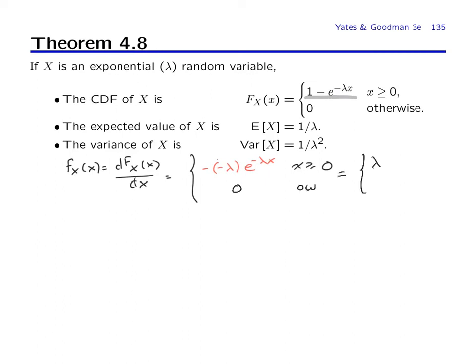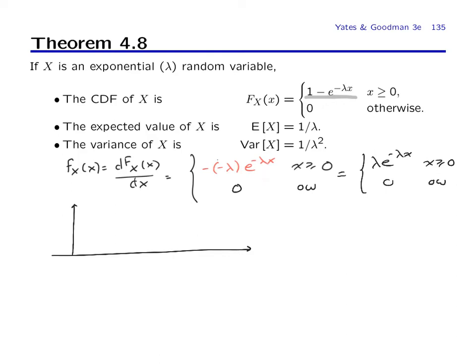And now we get the PDF of the exponential random variable the way we learned it in the first place, as the decaying exponential. If we sketch a picture of this, the parameter lambda is always greater than 0.